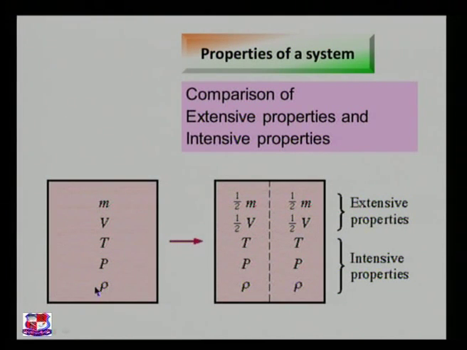But consider the body with mass m, volume V, temperature T, pressure P, and density rho. If we cut this mass, then its temperature, pressure, and density will not change. So T, P, and rho are intensive properties.